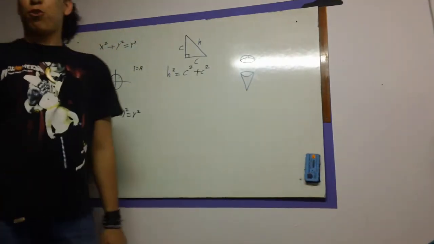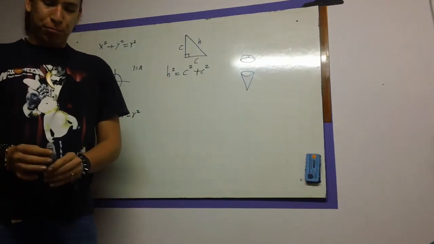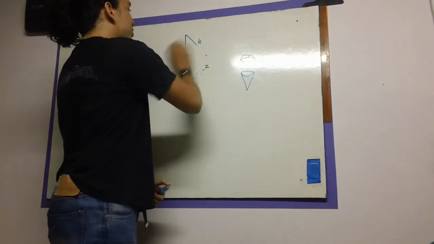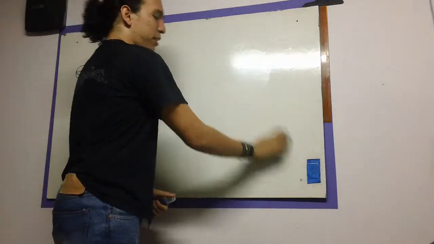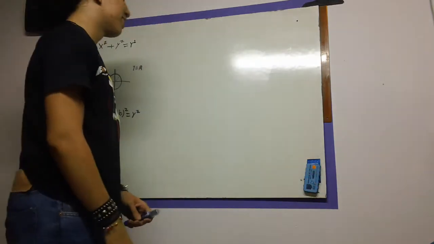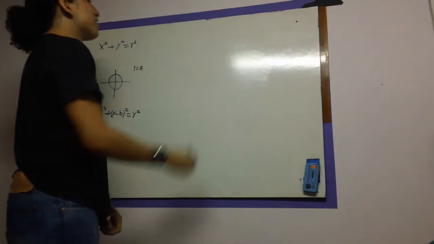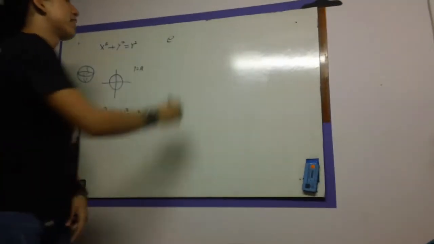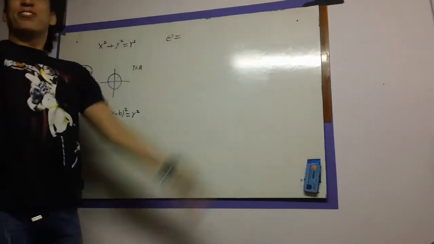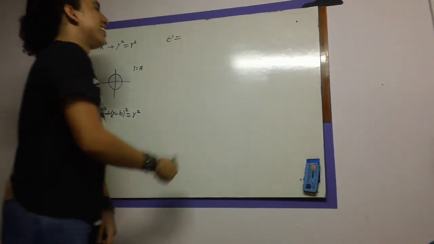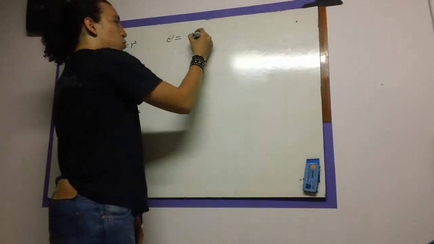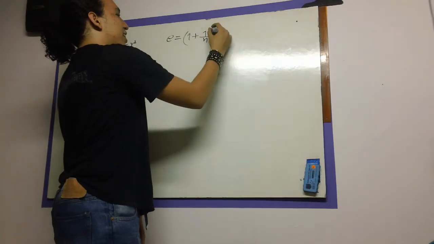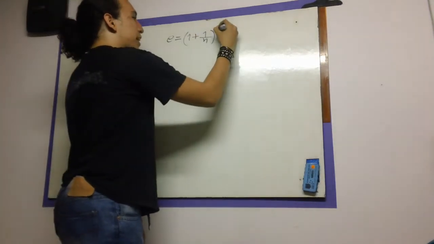For example, if you go to an environmental engineer, I can present you the number e. Why that letter? Because some crazy mathematician said that this number equals 1 plus 1 divided by n, all that thing to the power of n.